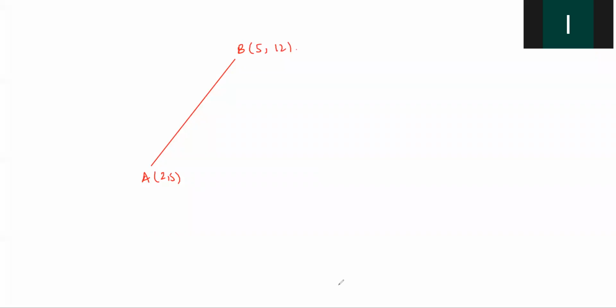You people have done many questions like this in your O levels. Now suppose we're given that there is a triangle ABC, and this triangle has x equal to 5 as its line of symmetry. So what are the coordinates of the point C?